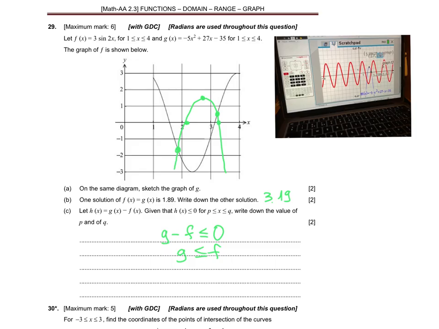So here, on the graph, here in black, that is above the red line. So we want the ones less than the red line, which is here and here. It's below the red line there. Okay, so this is happening when x is less than 1.89, or when x is greater than 3.19, okay?